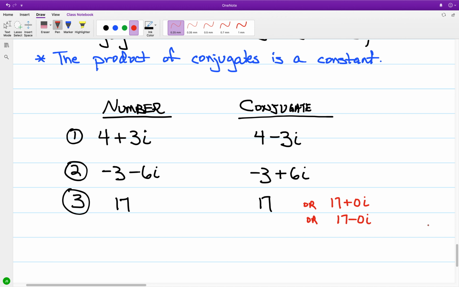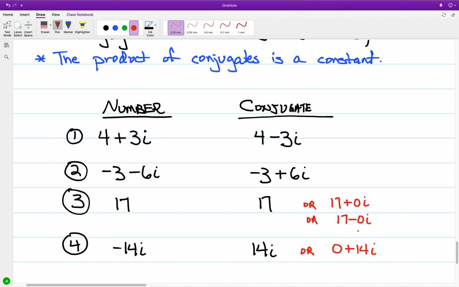They still both end up at 17. And if we have negative 14i, the conjugate is going to be positive 14i. If you had to explicitly give the a in the a plus bi form, you have 0 plus 14i.